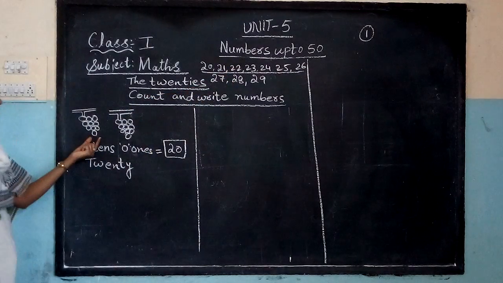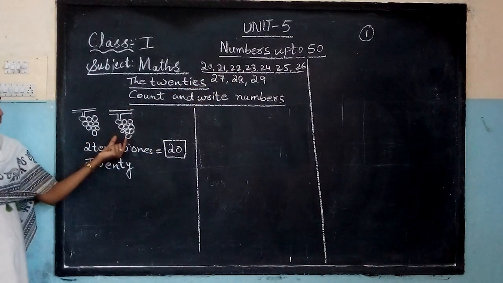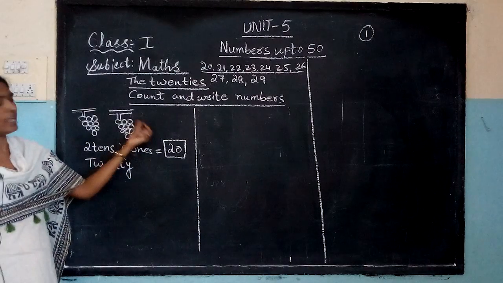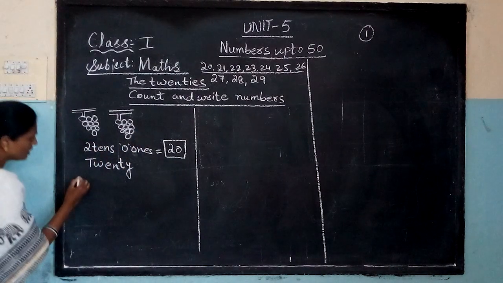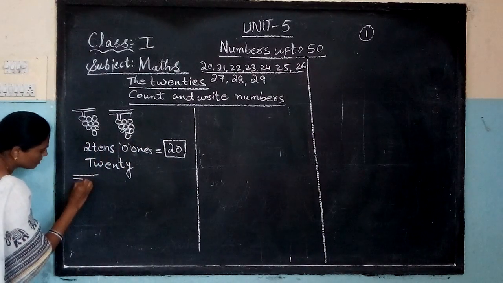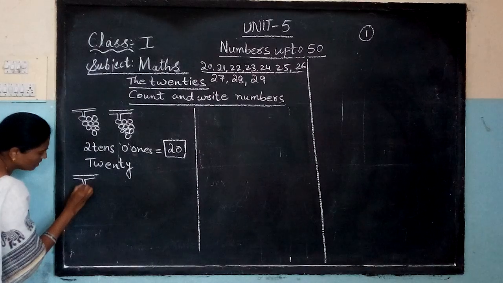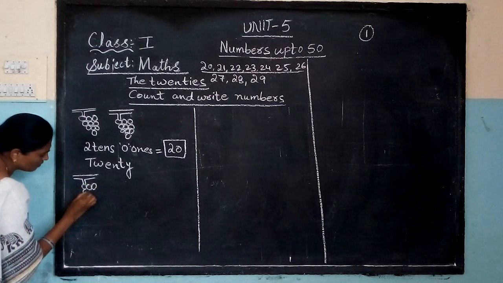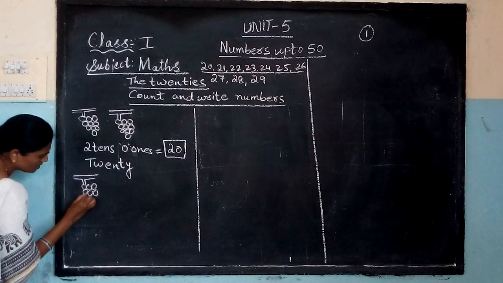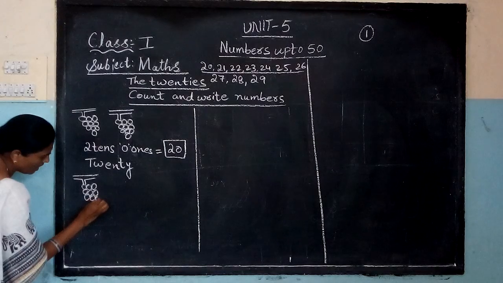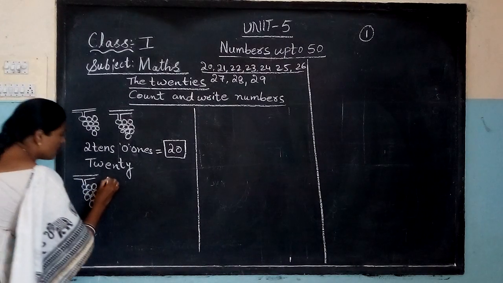Next number, what is it? 21. How many bunches of grapes do you have to take? 2 bunches, and how many singles? Only 1. Now see here. 1, 2, 3, 4, 5, 6, 7, 8, 9, 10. And one more bunch.